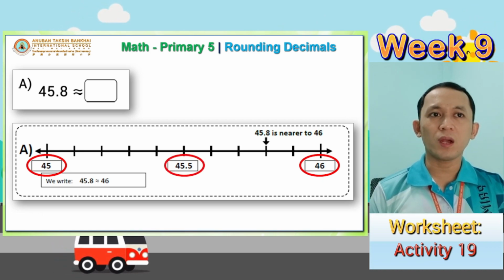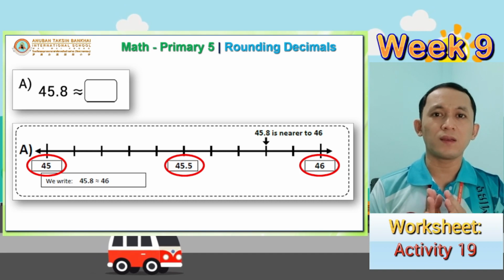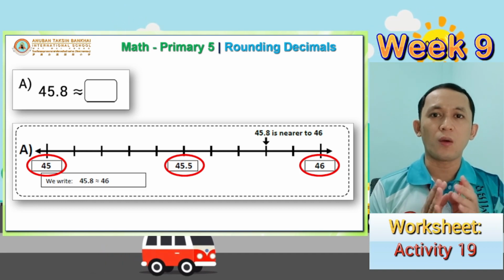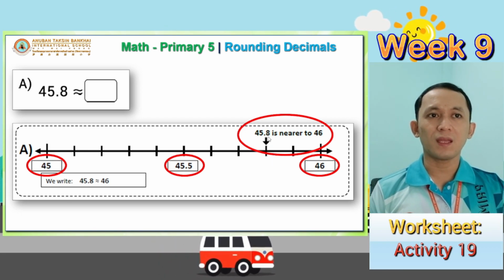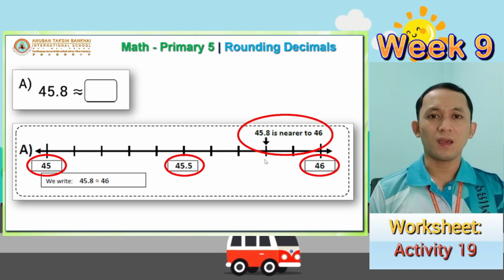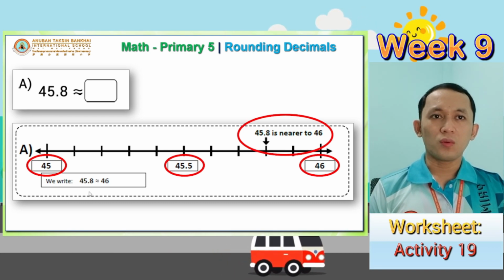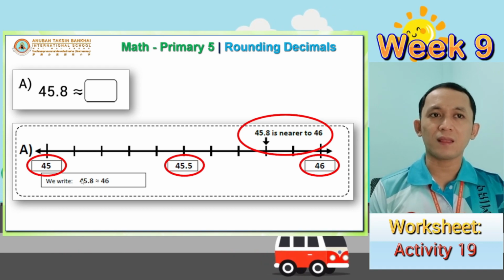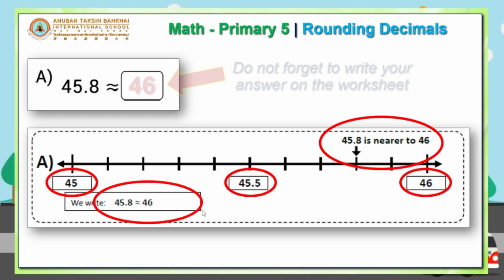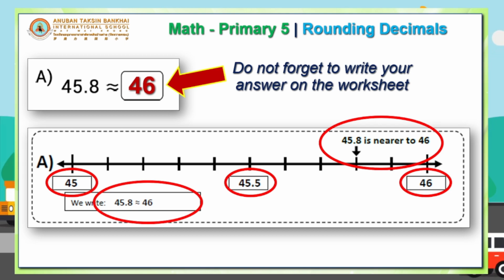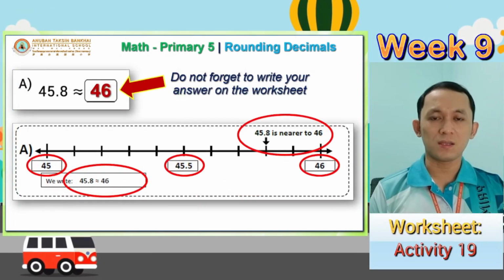Next, we are going to identify the exact position of our number. Since we have 45.8, we are going to write it in this position. We can see that 45.8 is nearer to 46, therefore we are going to write our answer here. And do not forget, going back to your worksheet, you're going to write your final answer, which is 46.